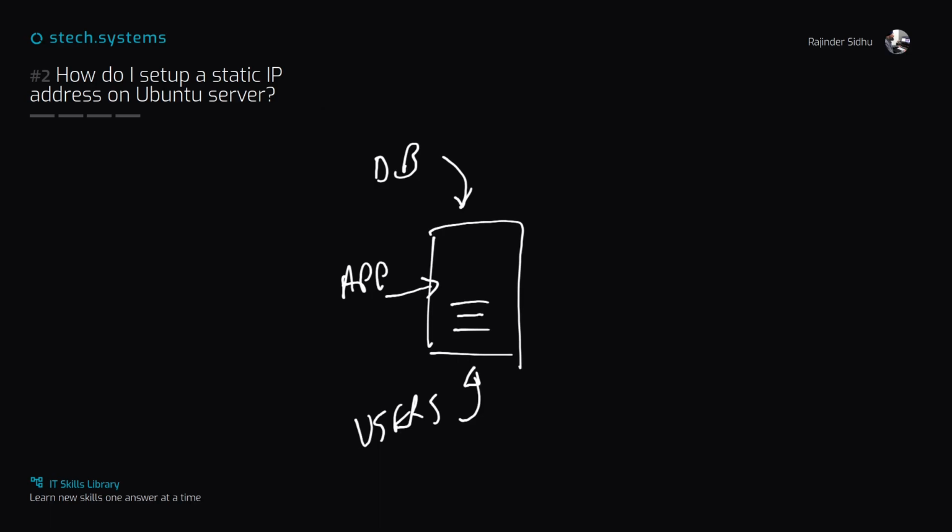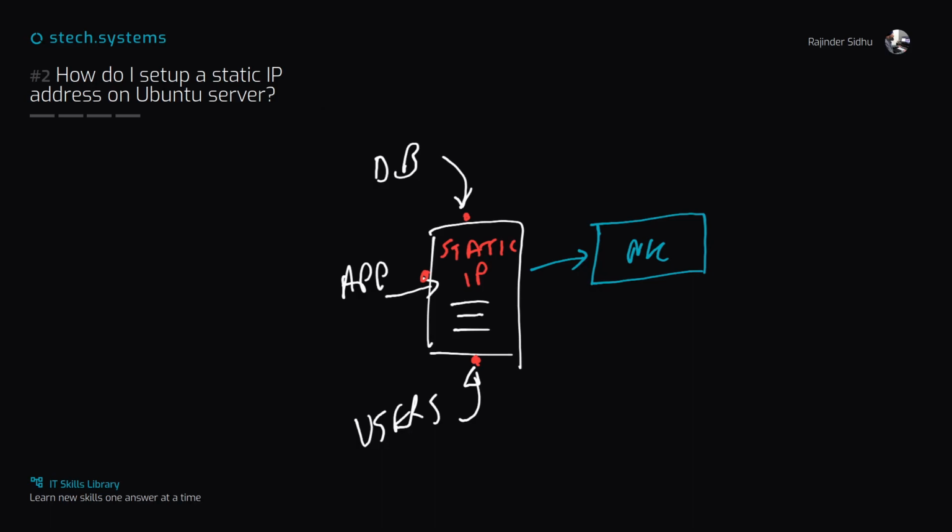In order for that server to be found on the network, it needs to have a fixed IP address, or a static IP address, so that it can be found easily by other servers and other users on the network to be able to access its services.